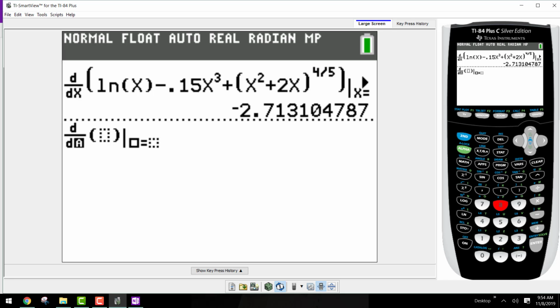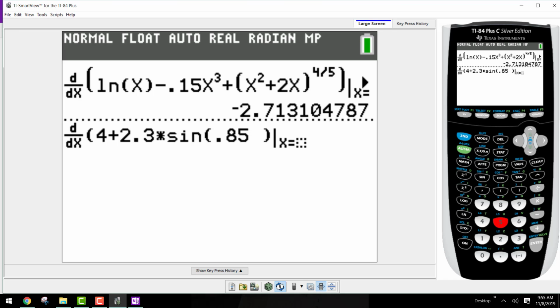X is our variable, and we're going to put in our function, which in this case is 4 plus 2.3 times sine. I always put the times sign there because I'm never sure if I have to have it or not, and that way I don't have to worry about getting a false answer. And we're evaluating this at x equals 4.